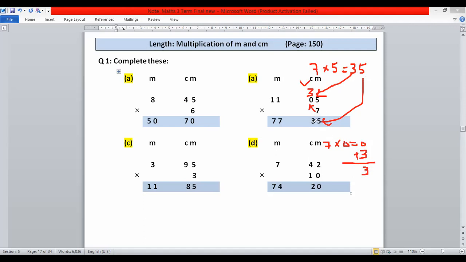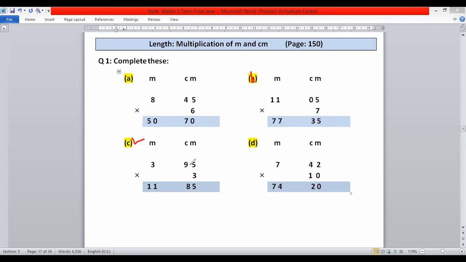So here we write 3, and after that we multiply 7 by 11. 7 ones are 7, and again 7 ones are 7. Now you can say 7 11s are 77.